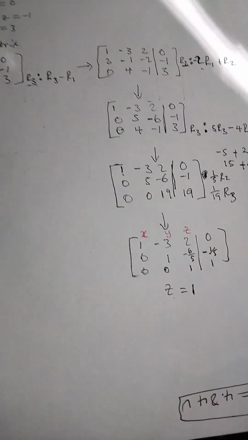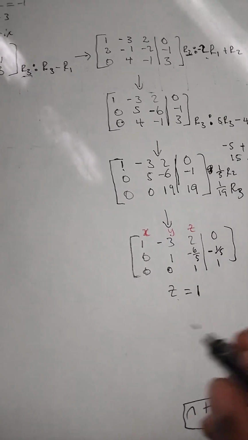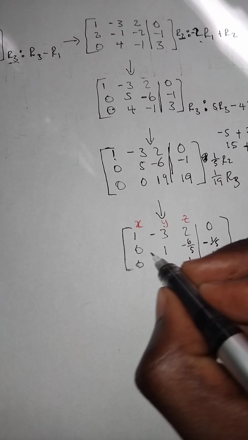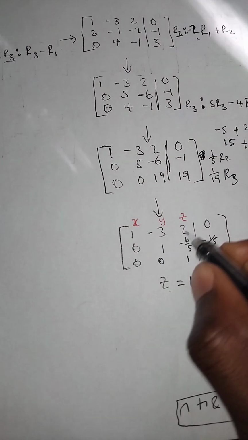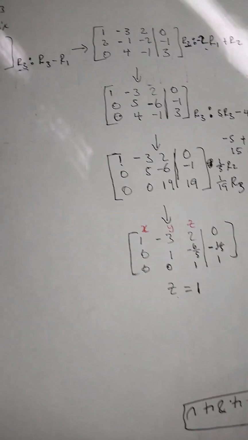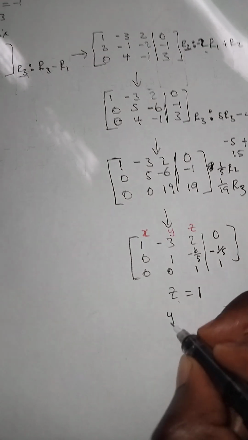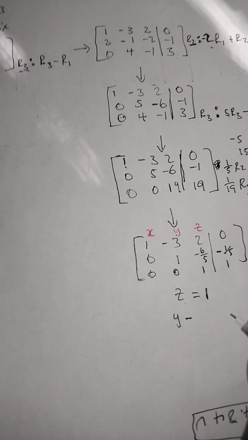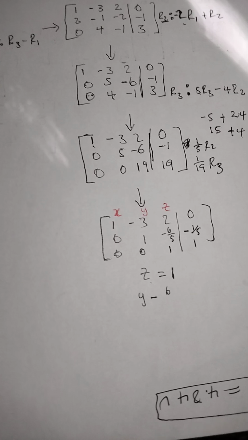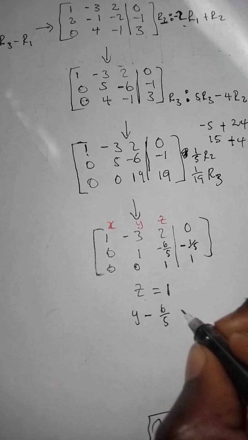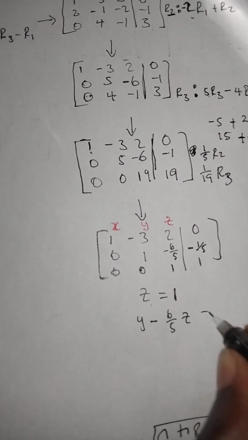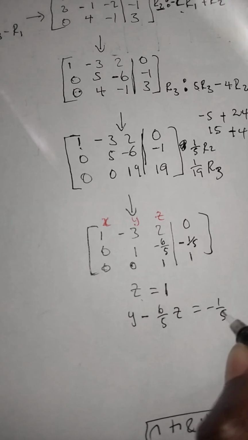If z equals 1, then we can further simplify for y. On this second row, y minus 6 over 5 z is going to be equal to minus 1 over 5.